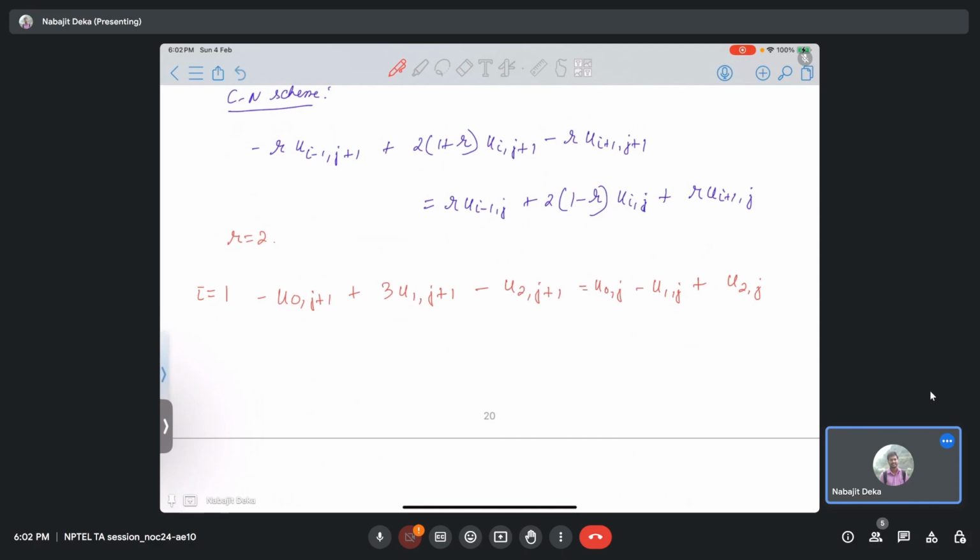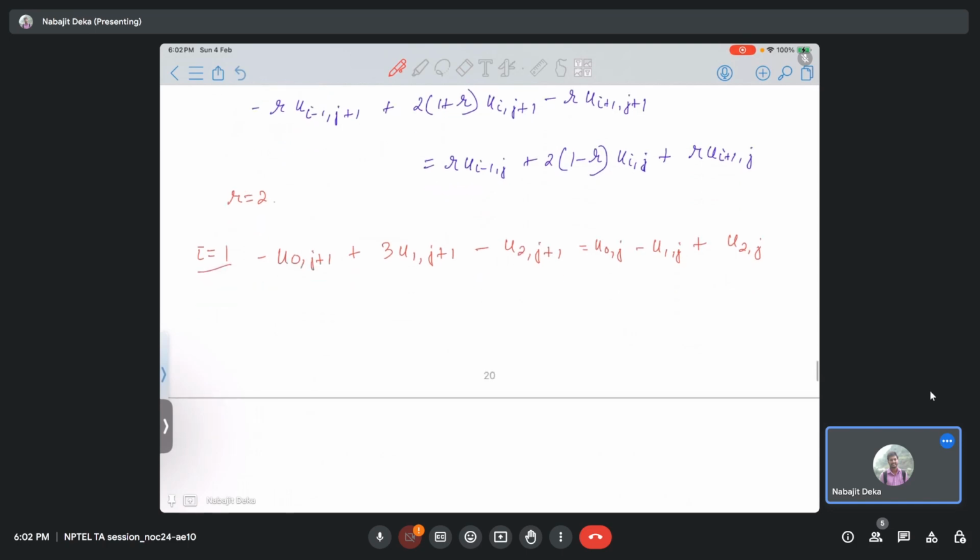So this is what we'll get when we put i equal to 1 and r equal to 2 there. For i equal to 2, what we'll get is minus u1 comma j plus 1 plus 3 u2 j plus 1, u3 j plus 1, u1 j, u2 j, u3 j.